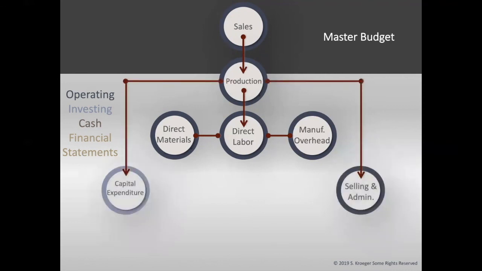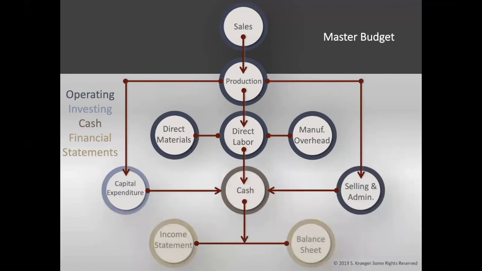Once a production budget is complete, the capital expenditures budget can be prepared along with the selling and administrative budgets. After all these budgets are prepared, the cash budget along with its schedules can be done. The final step is to use these budgets to prepare the budgeted financial statements. We will be discussing each of these budgets next.